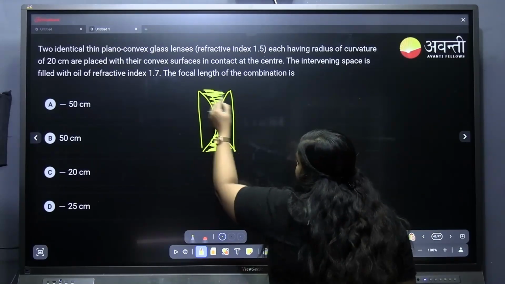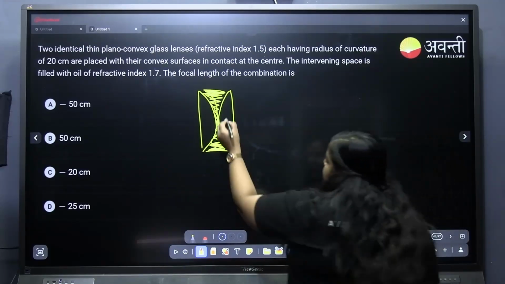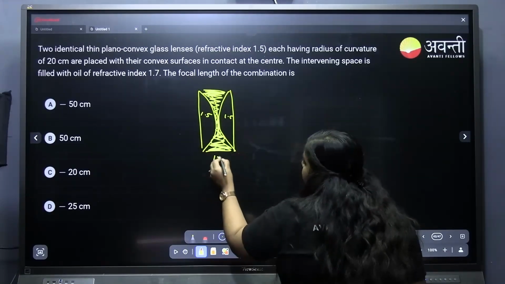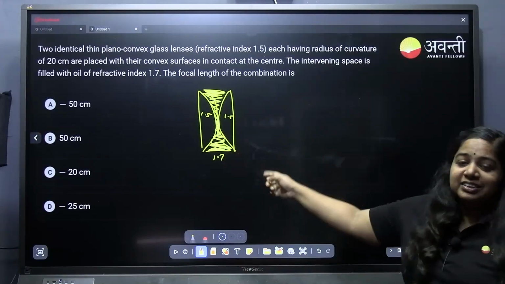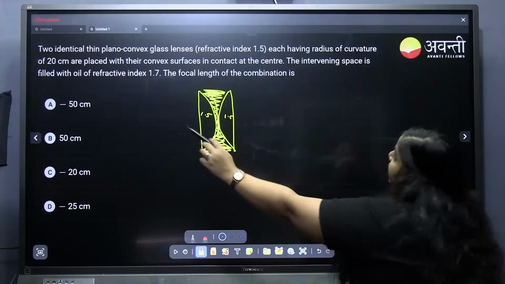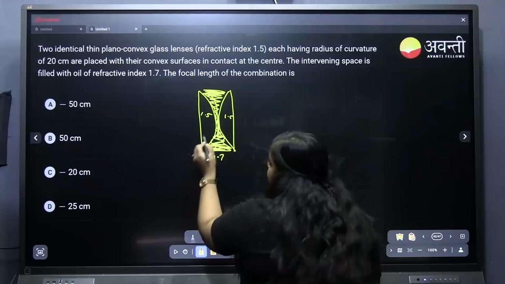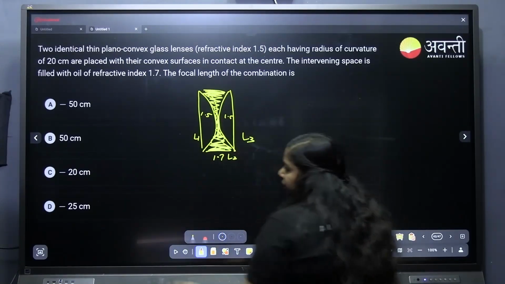Then find the focal length of the combination. This one is having 1.5, this is 1.5, and this is 1.7 refractive index. This is similar to the one we did before. Radius of curvature is 20 centimeter. Let's say this is lens 1, lens 2, lens 3.